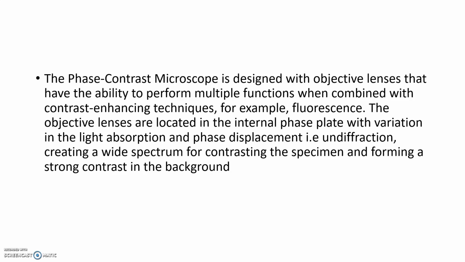The objective lenses are located in the internal phase plate with variation in light absorption and phase displacement, that is undiffraction, creating a wide spectrum for contrasting the specimen and forming a strong contrast in the background. Because there are two types of light, deviated and undeviated, one passes through the phase ring and one misses the phase ring, so this may create a wide spectrum for contrasting the image and forming a strong contrast in the background.